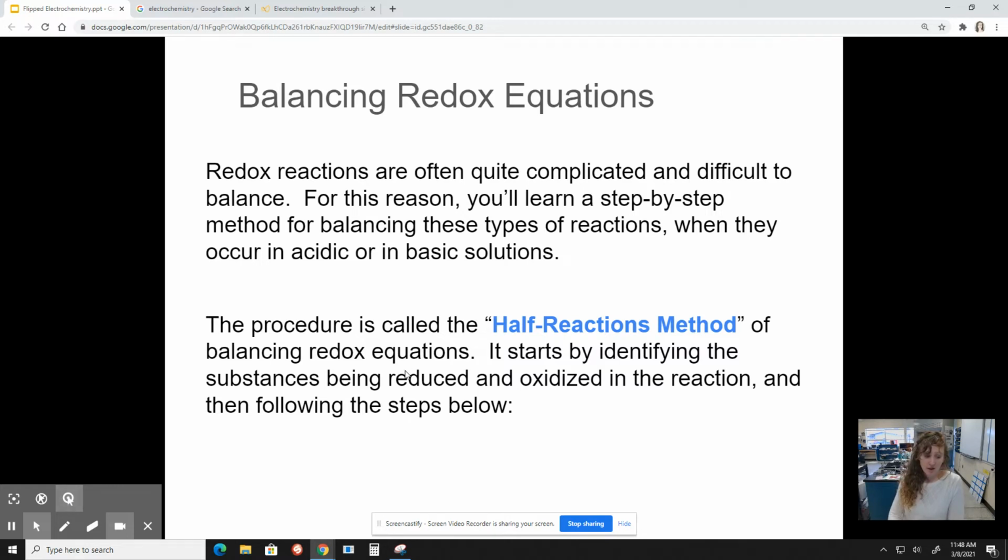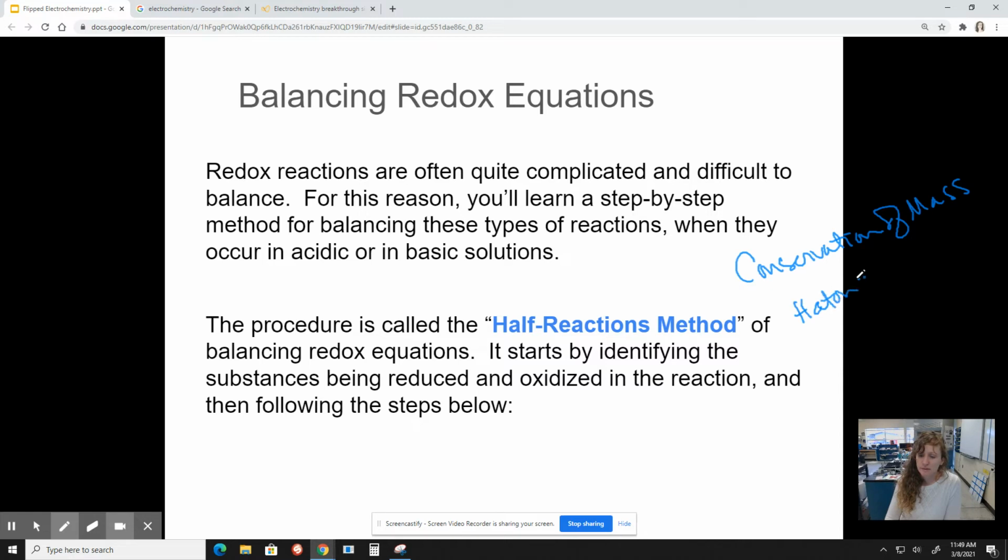And we talked about how redox reactions are kind of special because not only do they need to be balanced in order to satisfy the conservation of mass, just like any other reaction, the number of atoms, aka mass in grams, on one side of the equation must be equal to the number of atoms and their mass on the second side of the equation.